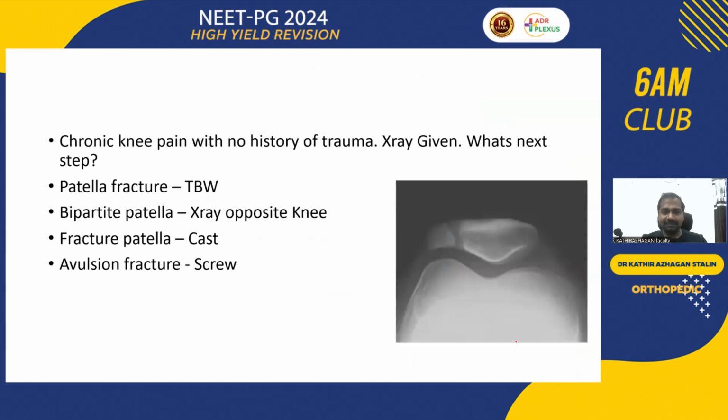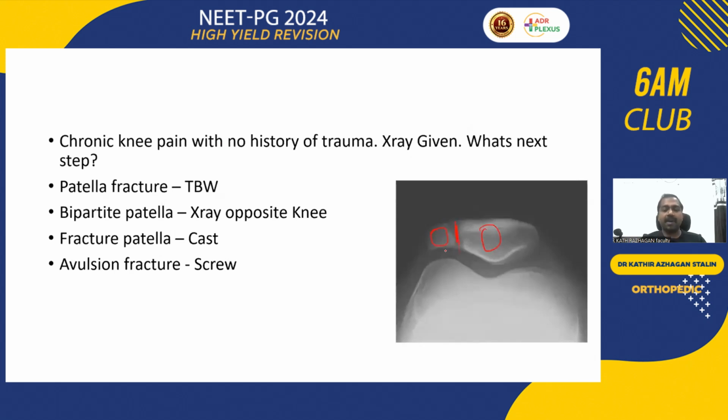No, Prasanna. Allen's test got nothing to do with carpal tunnel syndrome. Yes, bipartite. It looks like a fracture, but it is not actually a fracture. Bipartite patella means patella arising from two different ossification centers that didn't meet in the middle.